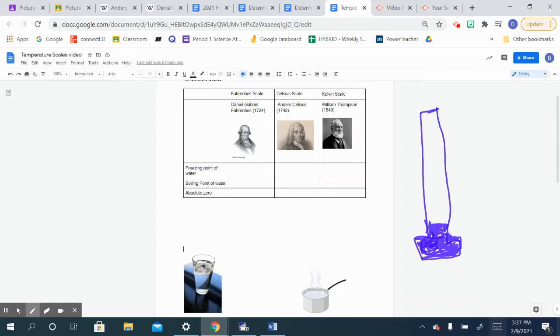Now if you put that thermometer, let's say, into boiling water, the energy would go into the mercury and it would cause that mercury to rise to a certain point and then stop. What he figured out was there's got to be a couple different benchmark temperatures that I need in order to set the scale. And he used for his benchmarks two items that were commonly available to him.